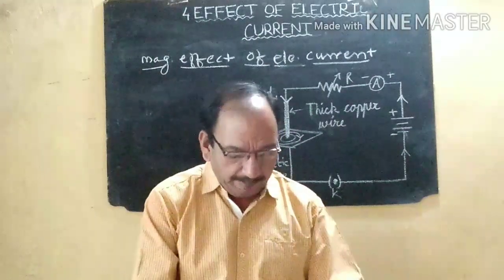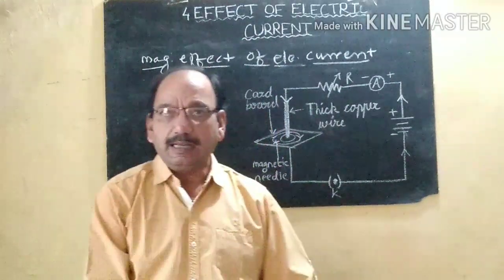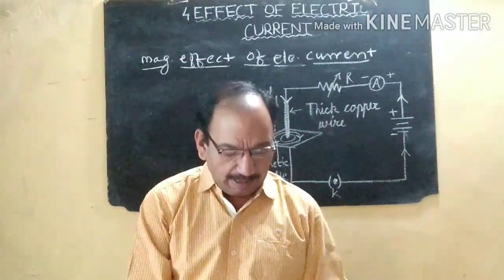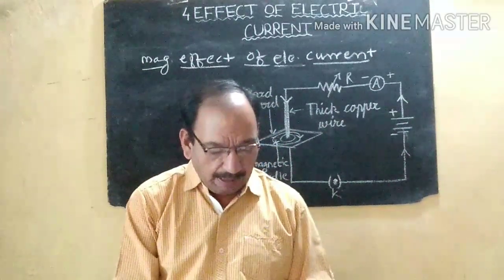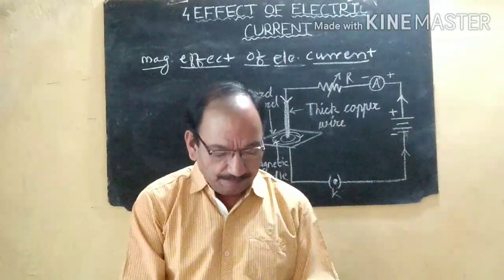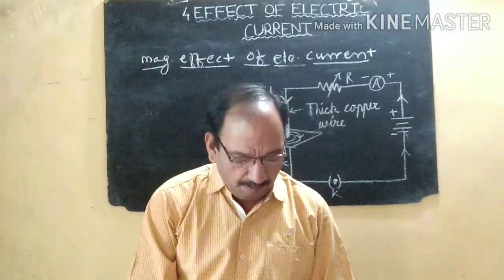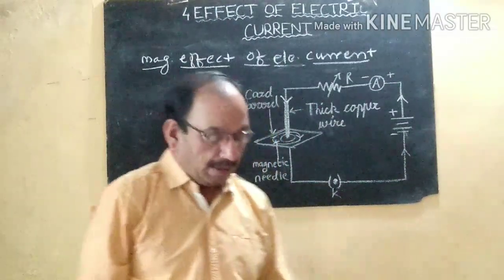You should always remember that for the magnetic field produced around a straight current carrying conductor, if the current is unchanged, the magnetic field reduces as the distance from the wire increases.